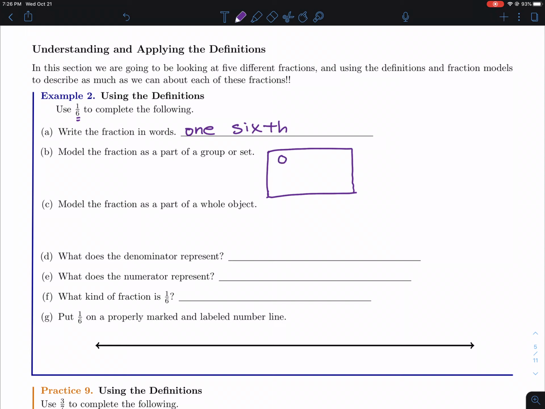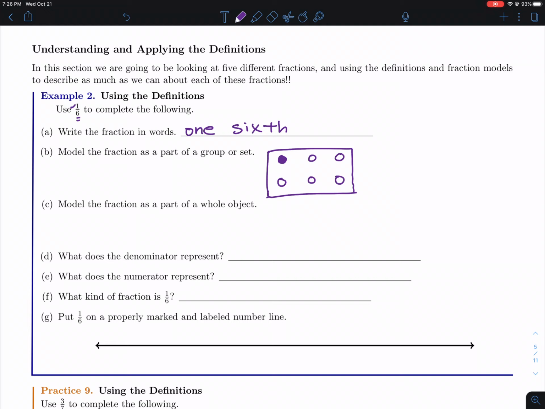So I'm going to start off with 6 open circles, just to represent that this set is broken up into 6 pieces. And since there's a 1 on top, we only want one of them shaded in. It doesn't matter which one, you can pick any of them. So that would represent 1/6. It's divided up into 6 circles, and one of them is shaded in. So that would be what the set model for 1/6 actually looks like.